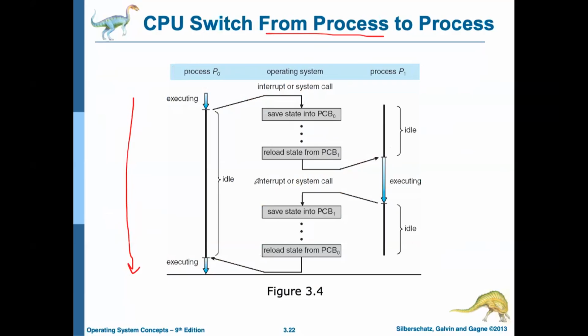To switch from the current process to the new process, they need to do these things. They will save and then reload the state from PCB1. So from the PCB, they go to here, and the new state will be reloaded, and then save and reload for the previous one. So this is the thing that you need to understand.